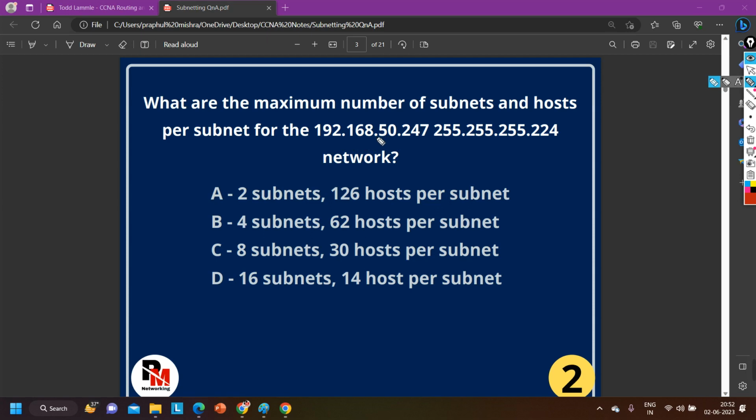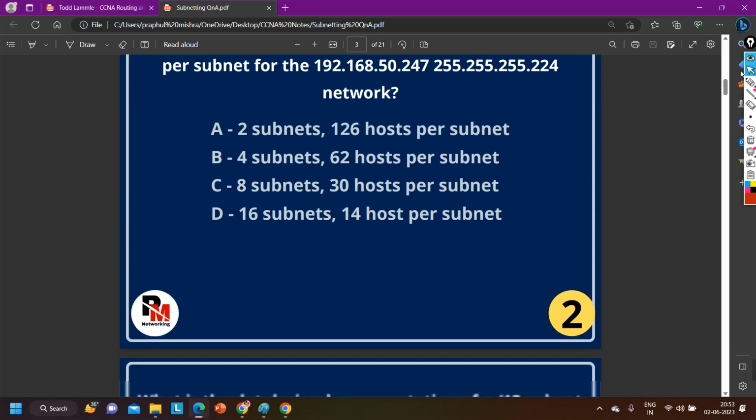What is the network ID? How do you find the maximum number of subnets? 2 to the power n. N is what? Network bits. How many bits have I borrowed? 3. So the total number of networks is 8. So option C is right. Valid hosts will also be 30.